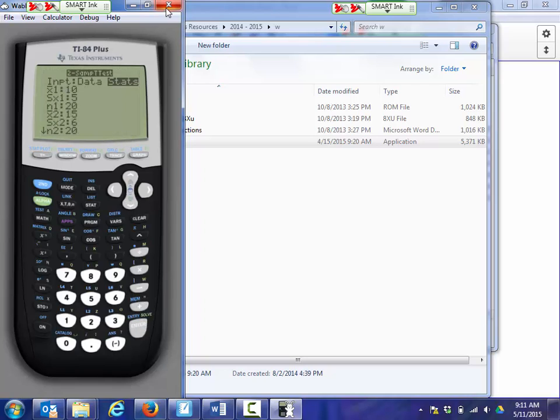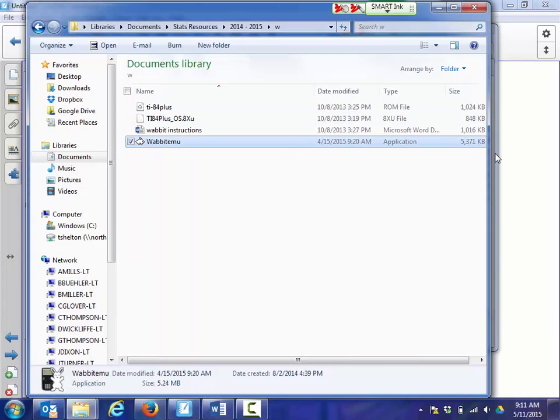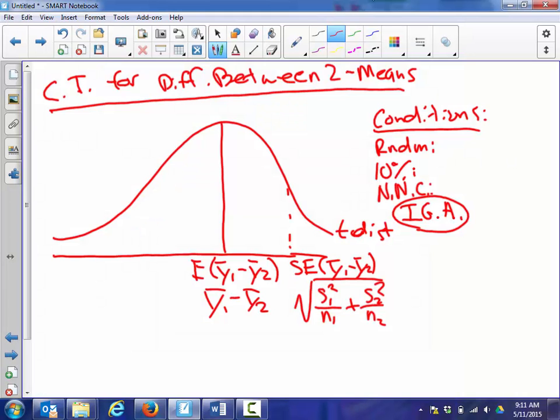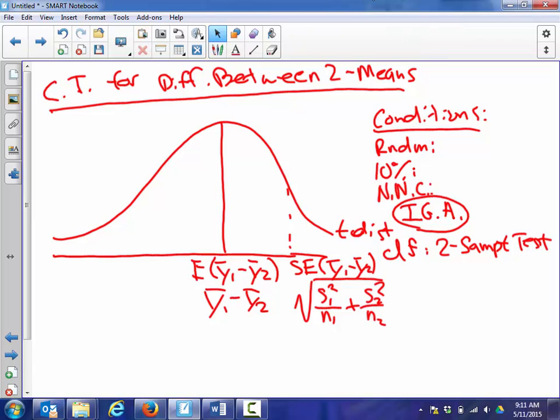So again, from stat, test, two-sample t-test, you can enter your statistics and calculate your degrees of freedom for this bell curve. Degrees of freedom you get from the 2-sample t-test function on your calculator.